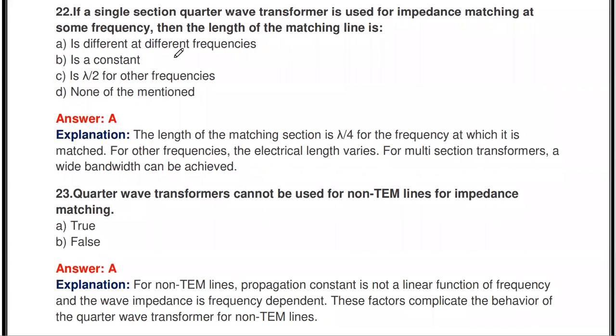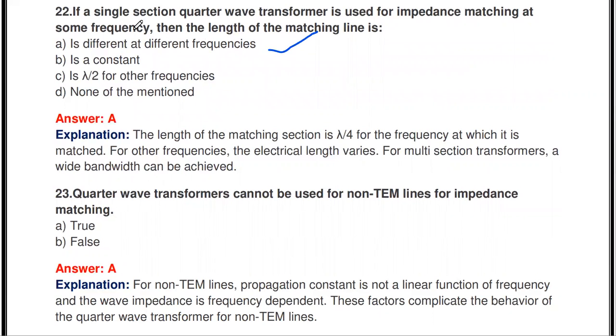The next one: if a single section quarter wave transformer is used for impedance matching at some frequency, then the length of the matching line is dash. Options: different at a different frequency, constant, lambda by 2 for other frequency, none of the mentioned. It is different. The length is different for different frequency.